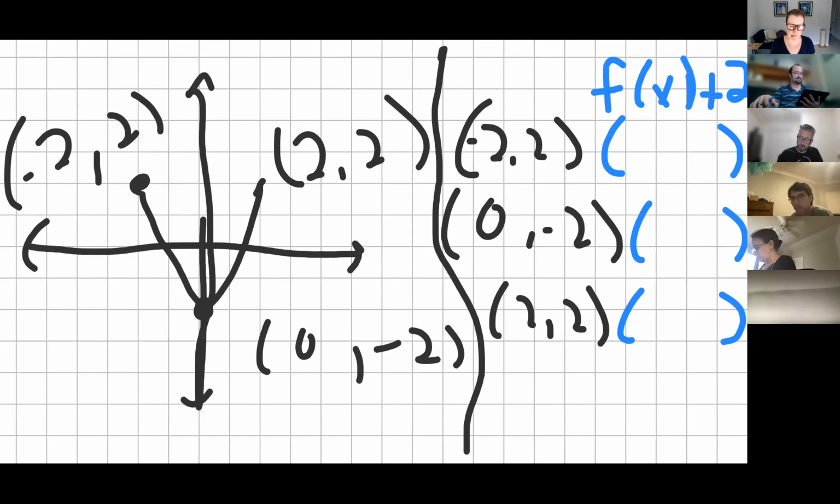Yes. What does the plus 2 do to it? I followed the graph, the equation, I guess, and I just went up 2 on all of them. Okay, so if you did it on the graph and you went up 2, I think you would move that point up 2. And so what does that point become?